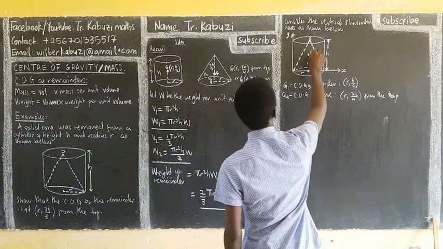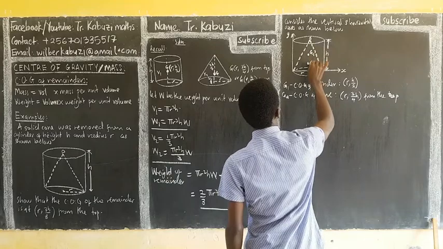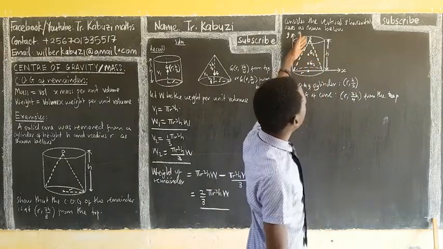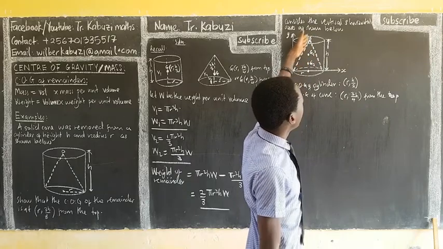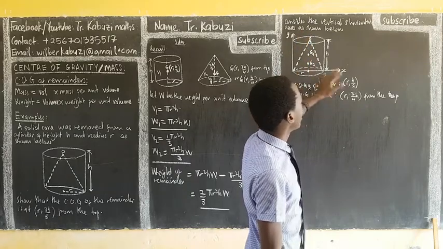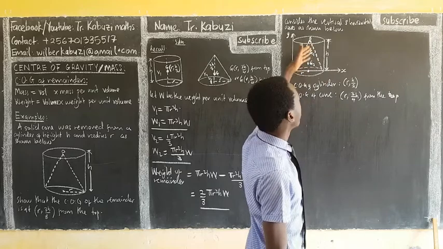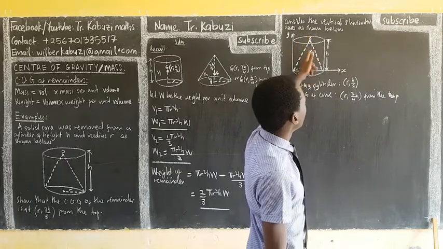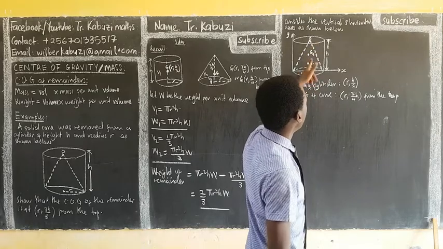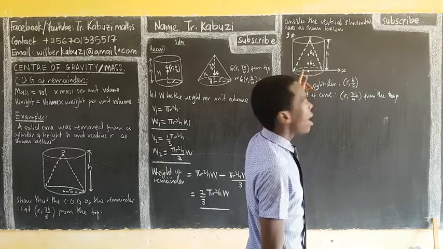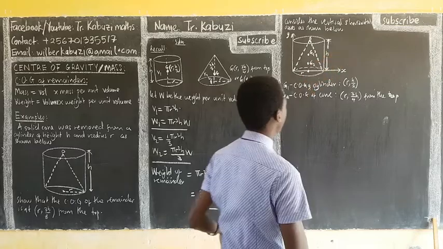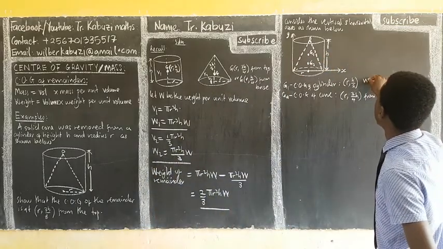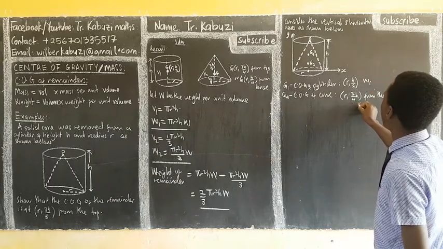This one is what I'm calling V1, this one V2. If you consider the line of symmetry, it means you just take the distance of the y, because it's symmetric about the vertical, meaning that its x will be r from here to here, as simple as that. So this one has weight 1, and this one has weight 2.